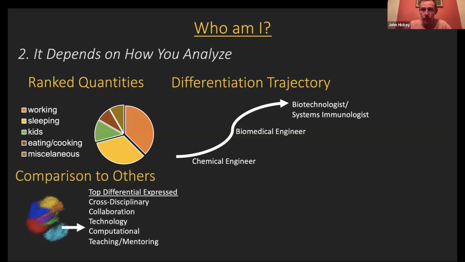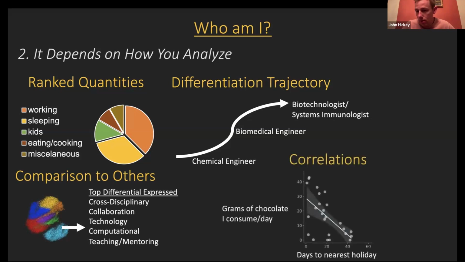If you looked at all the different traits about me and compared them to everyone else, you might find that the top things are that I like to collaborate and do science and focus on building new technology, and I like computational problems, and I really enjoy teaching and mentoring. Or you just might find out I really like chocolate.